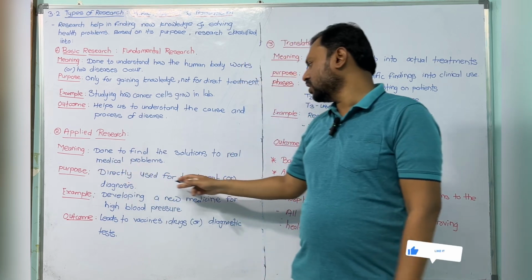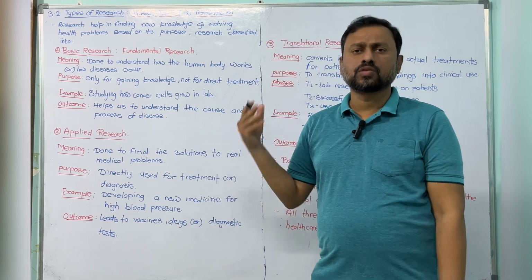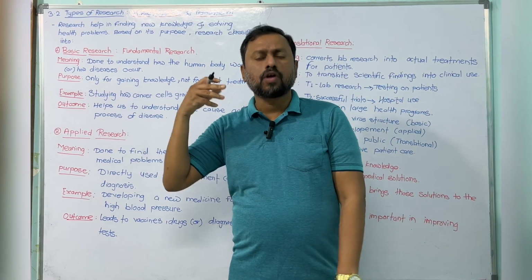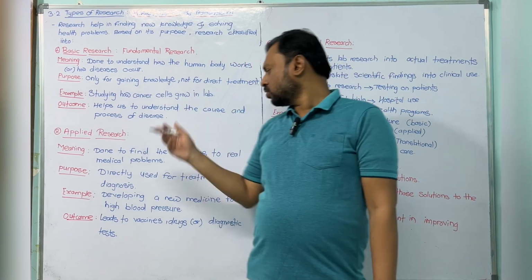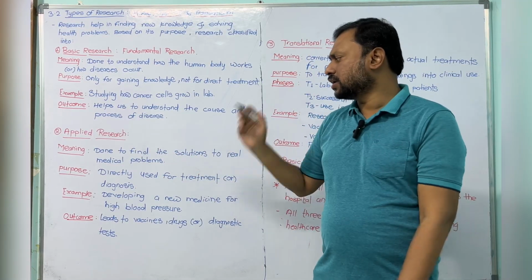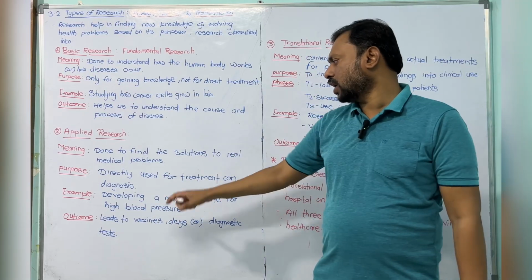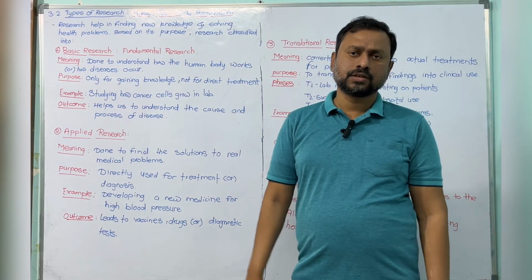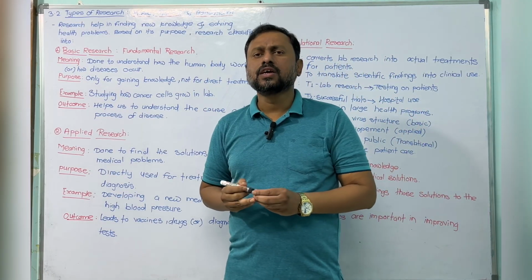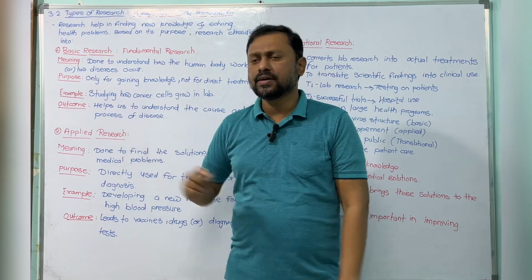The purpose is direct use for treatment and diagnosis. We use applied research to find the treatment or diagnosis of a particular disease. For example, developing a new medicine for high blood pressure. If high blood pressure is there, developing new drugs for it is applied research.